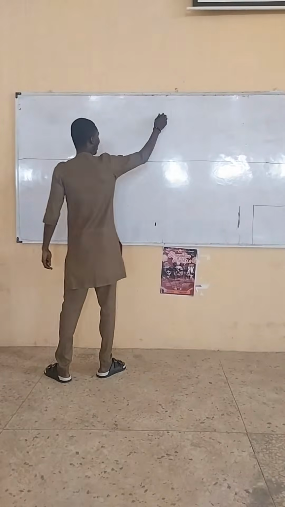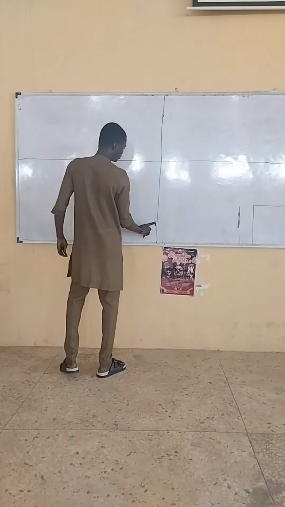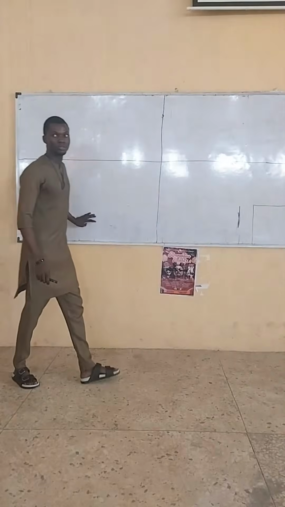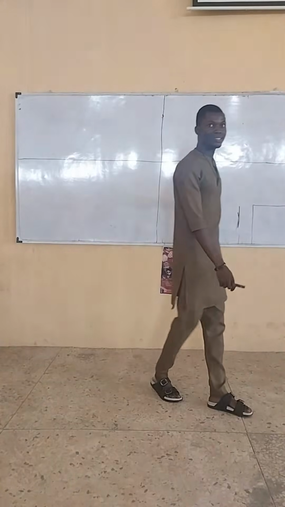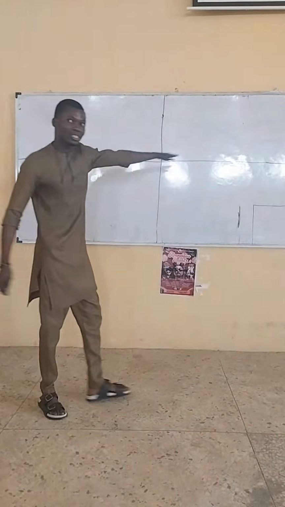Join them together as a straight line, so that this place will contain the front and plan, and this place will contain the side. So we got the vertical line.